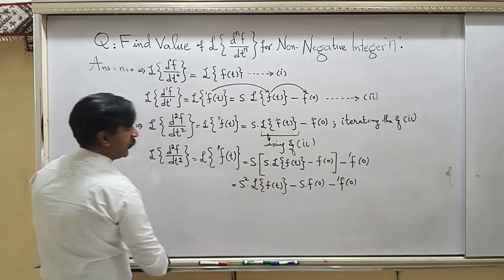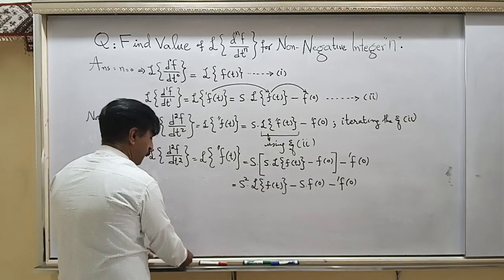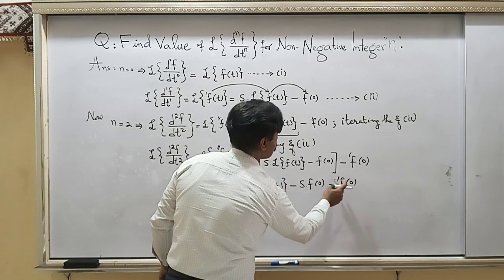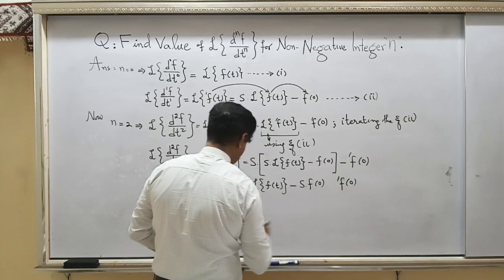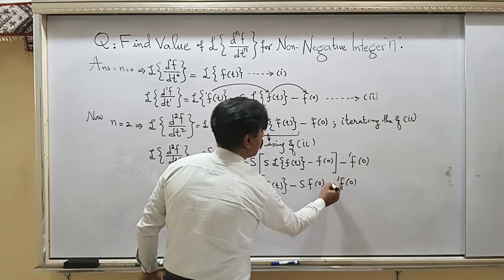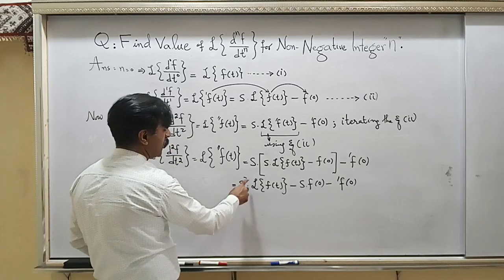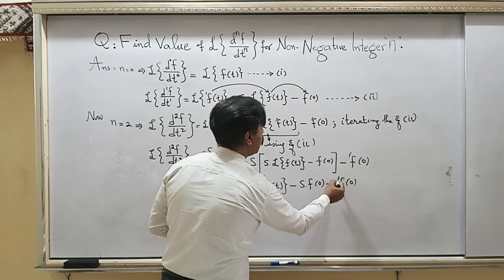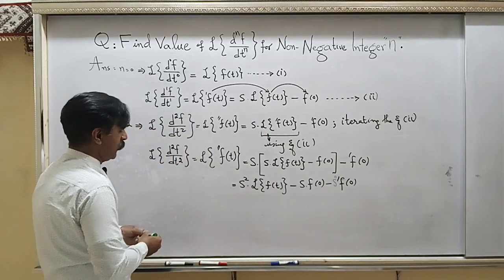Or you can write this equation as, look, you can write here s with the minus sign. There is a minus sign, this minus sign. Look, the exponent of s is reducing by 1. So in the end you will have s with exponent 0.